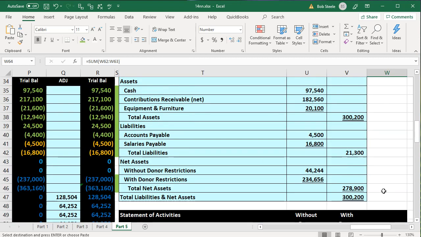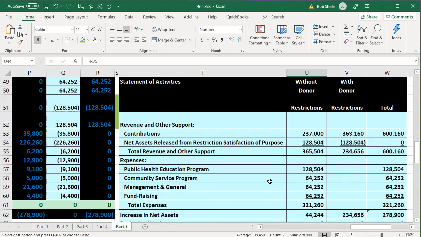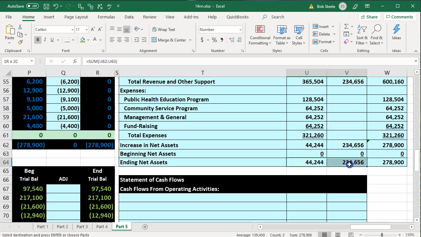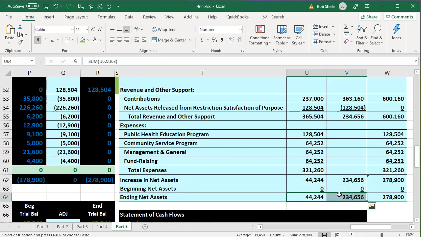So the numbers we want to check, of course, to make sure we're okay, just like normal financial statements typically, was that assets equal the liabilities and net assets, and the equity section here in the net assets broken out between without donor restrictions and with should agree to the ending numbers that we have on the statement of activities down here.